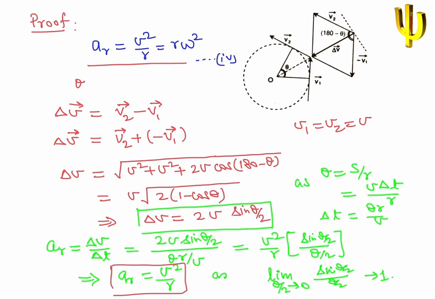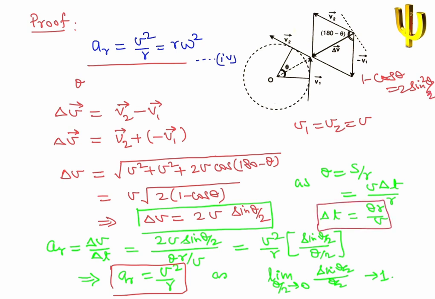Therefore, radial acceleration AR is equal to V square by r. We have used the equation 1 minus cos theta is equal to 2 sin square theta by 2.